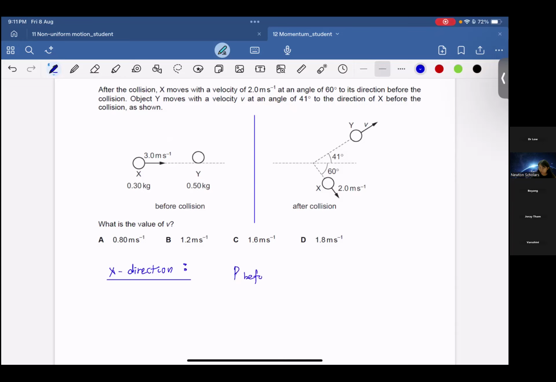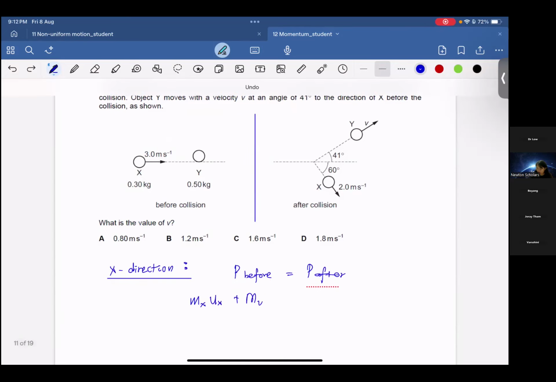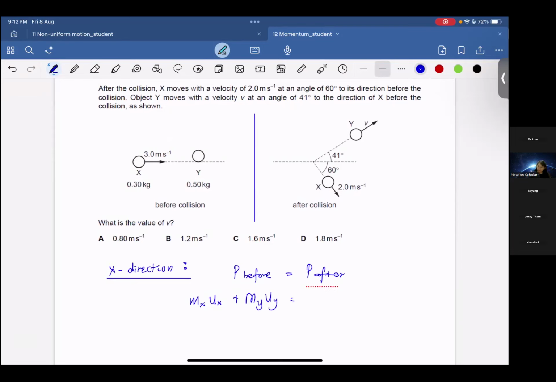Momentum before equals momentum after. So here, mx ux plus my uy is before collision. Then this one, mx times the speed cos 60 degrees, because x is at the bottom part, plus my vy cos 41.